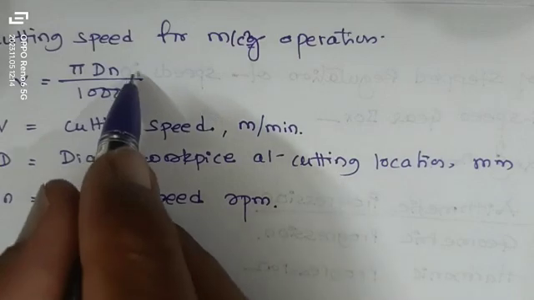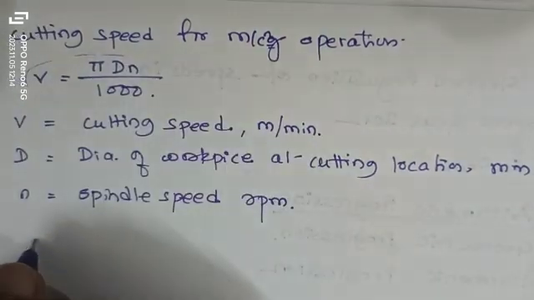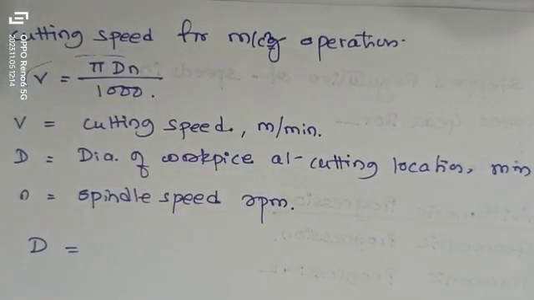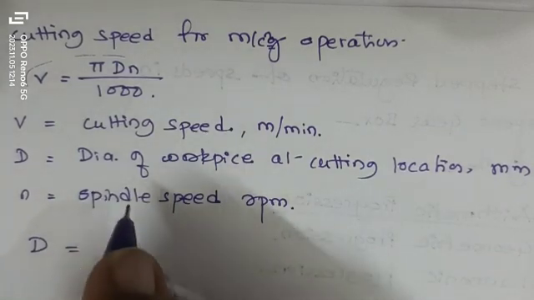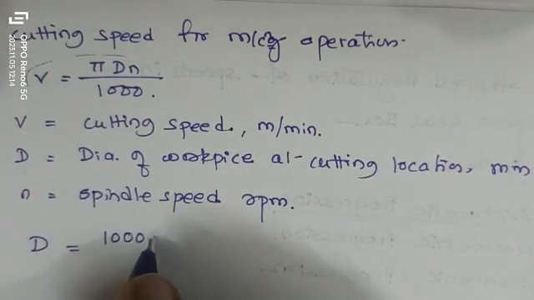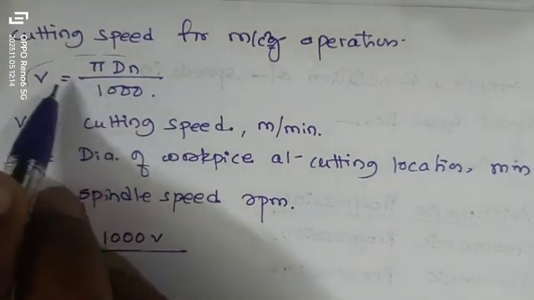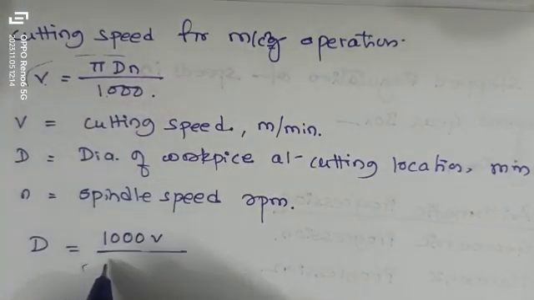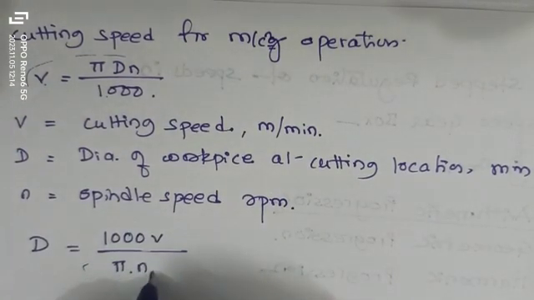From this equation I can write D equal to 1000 V divided by pi N.